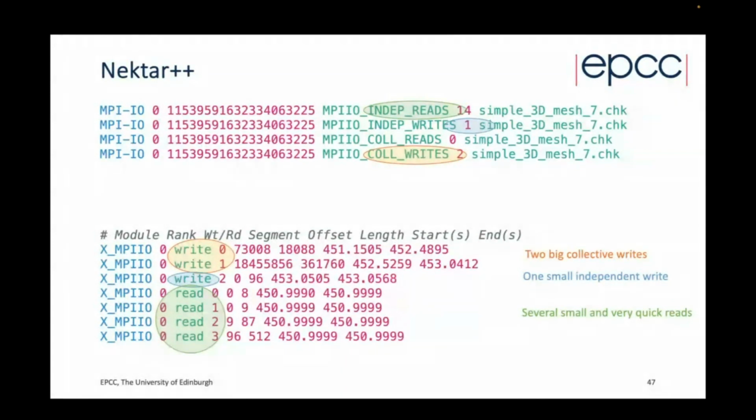So we'd like to understand where they're coming from, what they are. And you can see from the summary that there are 14 independent reads, so that's likely what they are. One problem with Darshan is it will tell you which calls are being made, but not from where in the program, so which subroutine is actually calling them. That's because all it's doing is intercepting library calls. It has no idea where they're coming from.